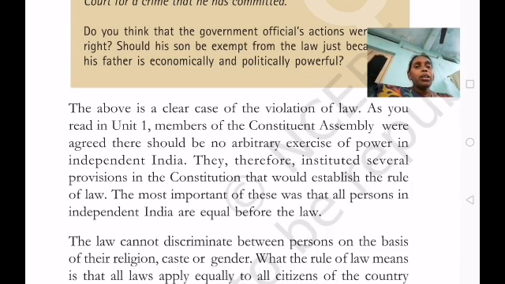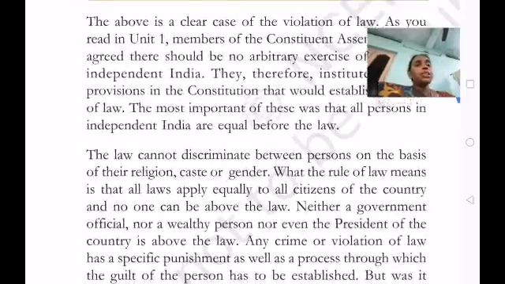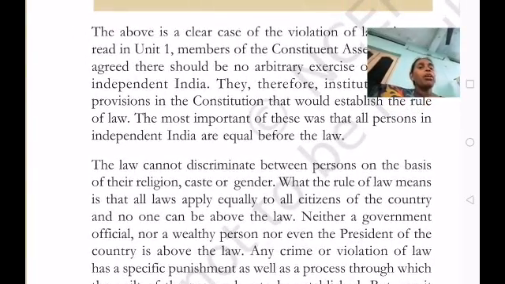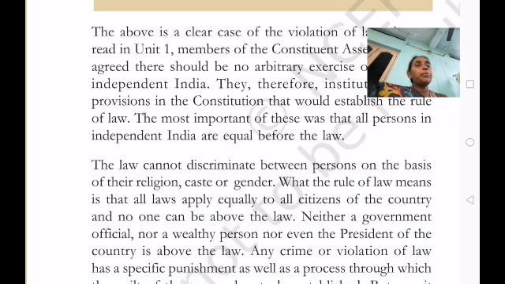They therefore instituted several provisions in the constitution that would establish the rule of law. The most important of these was that all persons in independent India are equal before the law. So whether the person has more money or is poor, the constitution established the rule of law. Each and every person belonging to independent India is equal before the law.